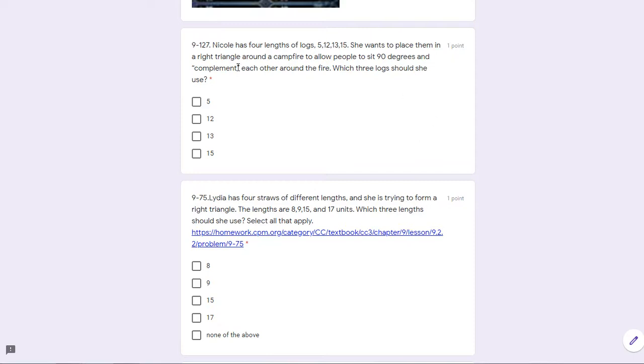Let's look at question 9-127 and 9-75 here and take a look at them. Basically what these questions are asking is, which of these four numbers could be a right triangle? Okay, so you need to try them.